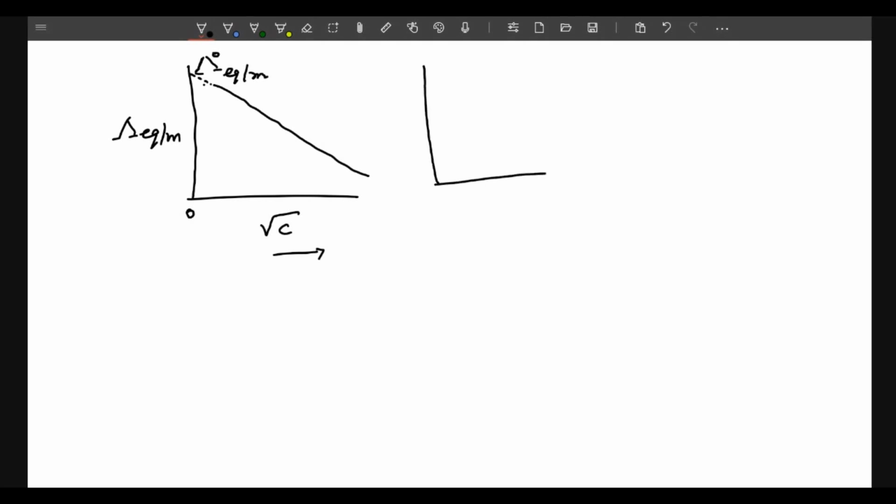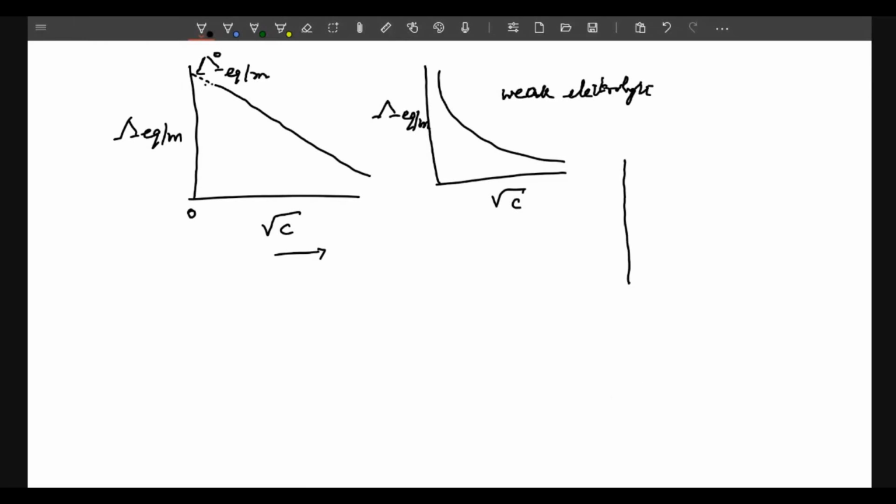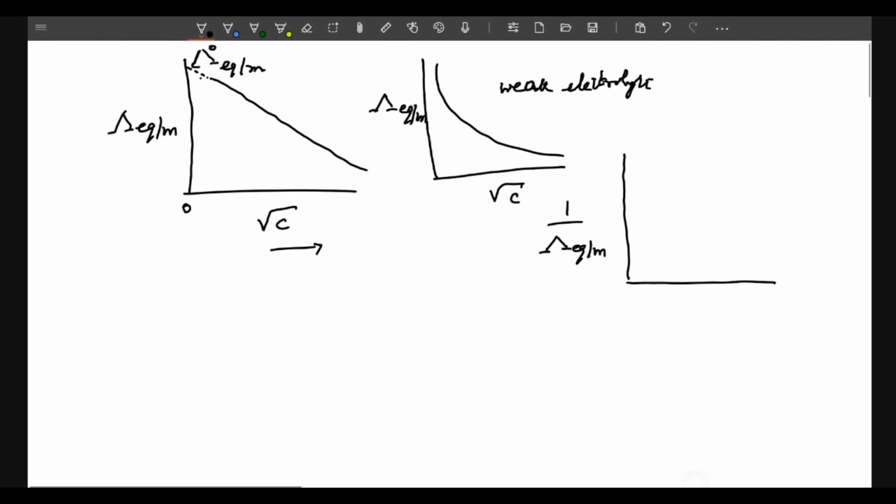If you plot the same for the weak electrolyte, you won't get a straight line. It will be just like this for a weak electrolyte. Therefore, we have derived an equation for the weak electrolyte, and for it you have to plot 1 by lambda, the equivalent or molar conductance, with respect to the concentration into lambda.